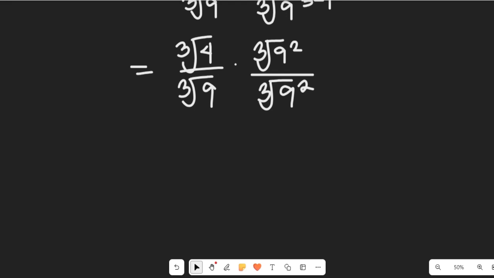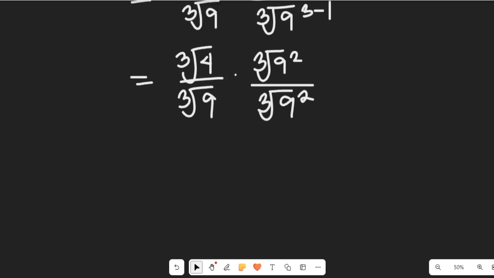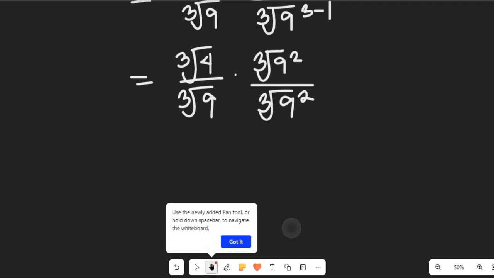Now, if I simplify that, I'll have to look at using some rules of multiplication. If you look, this is 9 to the power of 1, right?